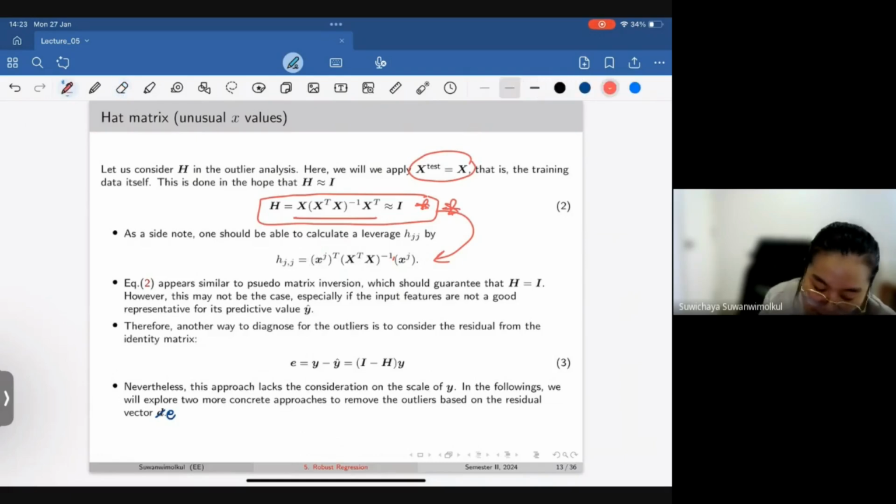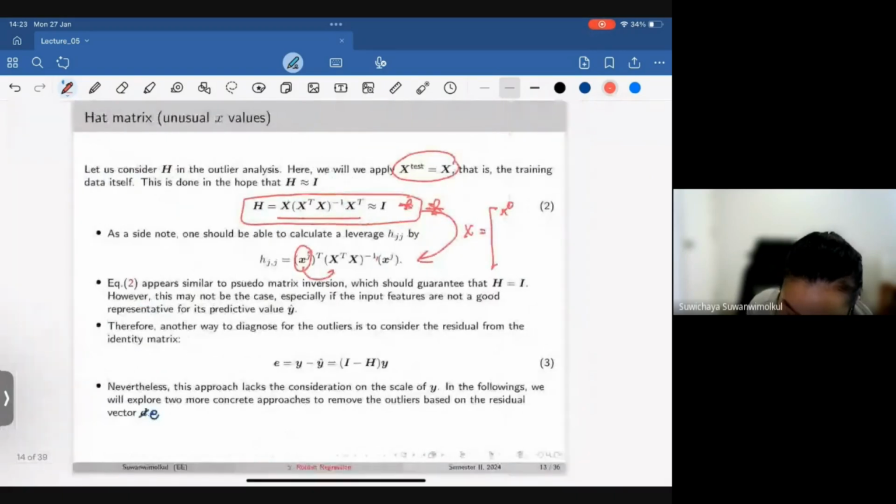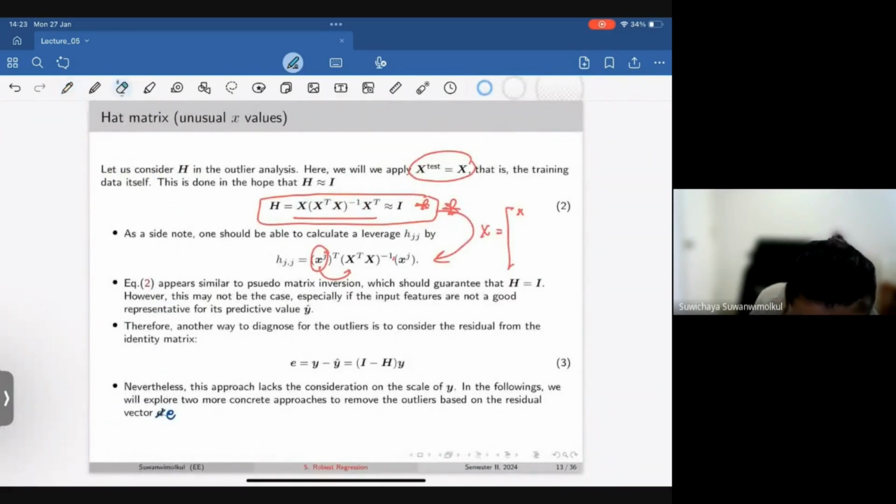Let's say there are xj within X. Maybe X, the big one, contains x1, x2, and also xj, up until xm, like that.